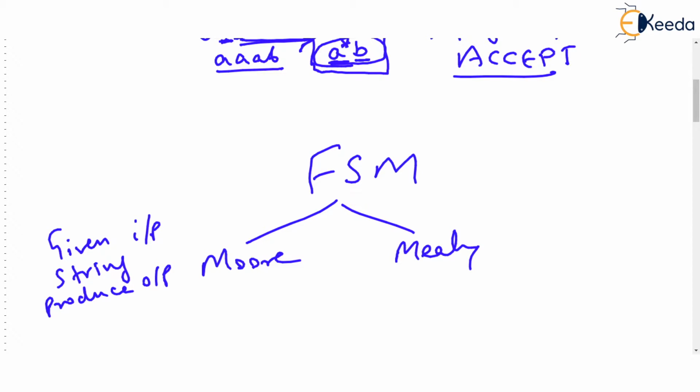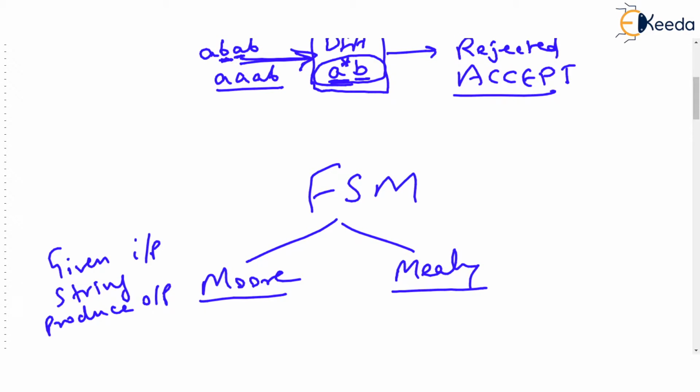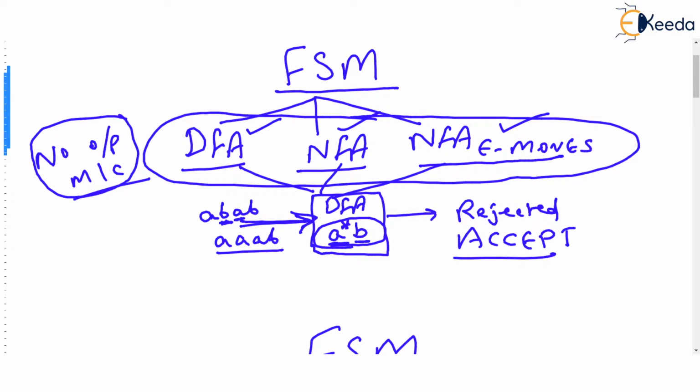Now, one more characteristic of Moore and Mealy machines is that these machines do not have any final state. Recall in all the previous machines which either accept or reject the input, these machines were characterized by final or accepting states, isn't it? We used to double circle them. And given a DFA or NFA or NFA with epsilon moves, there can be one or more than one accepting state, isn't it?